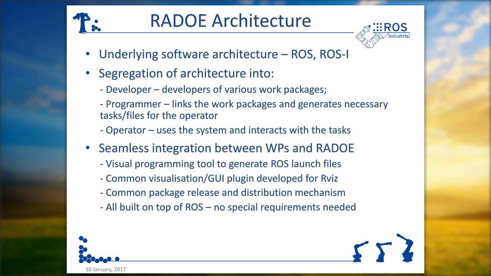And finally, there is the operator who operates the robot, the end user. They will use this result and interact with the tasks. So RADOE plays a role in seamless integration between different work packages.